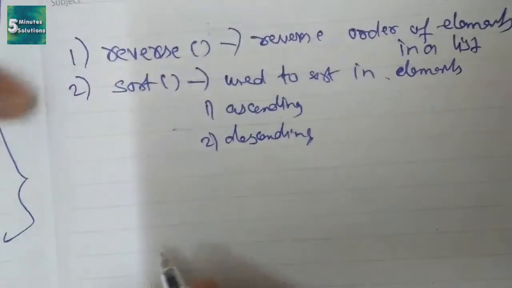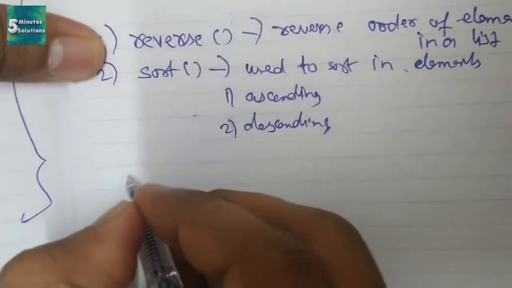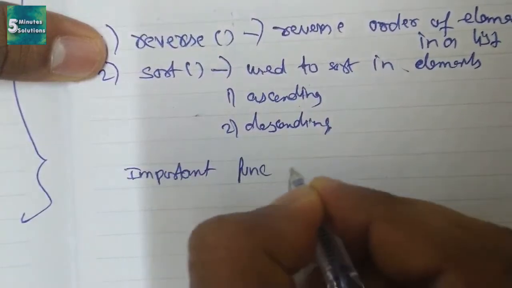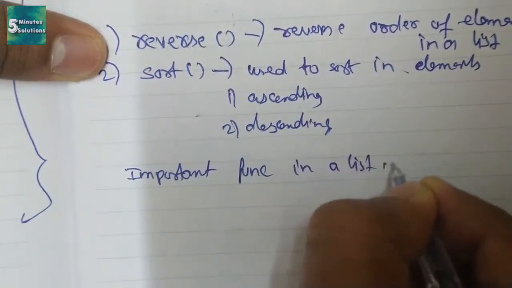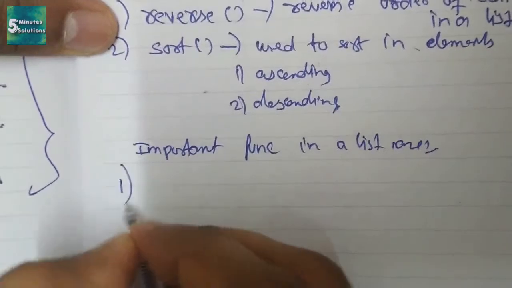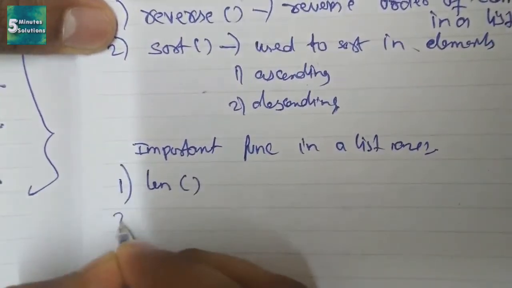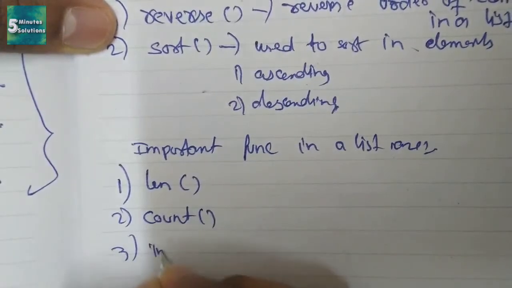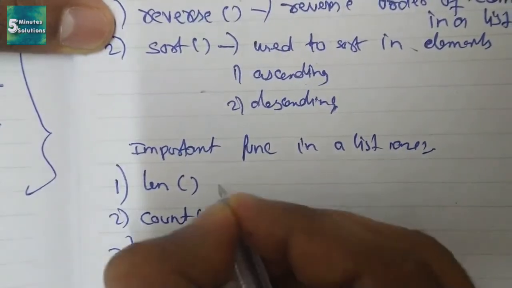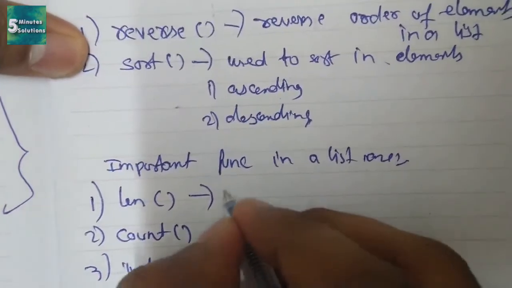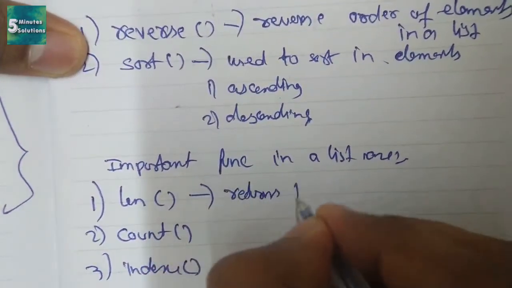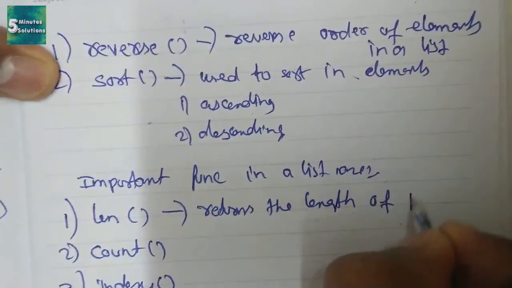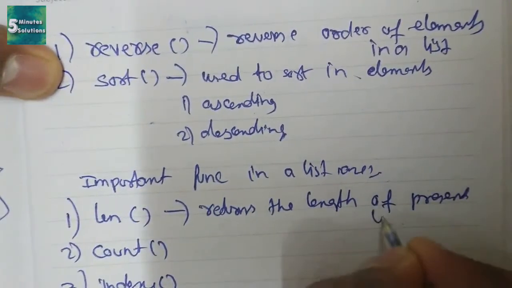And the most important functions in lists are len, count, and index. The len function returns the length of the present list.